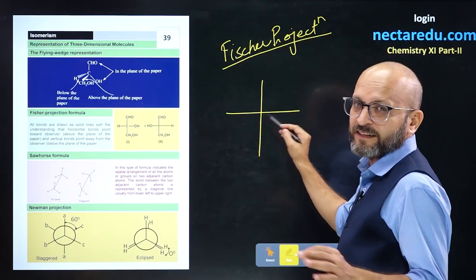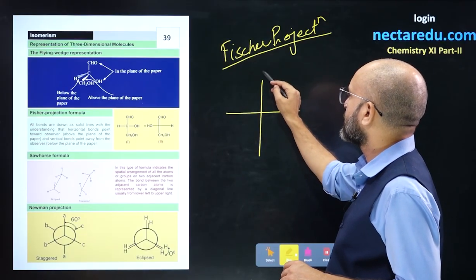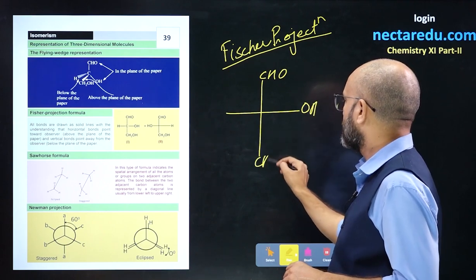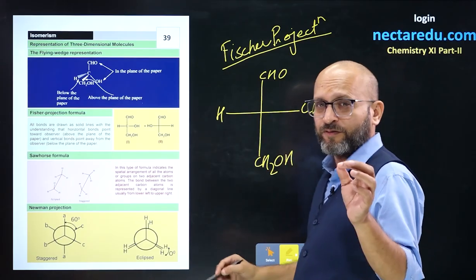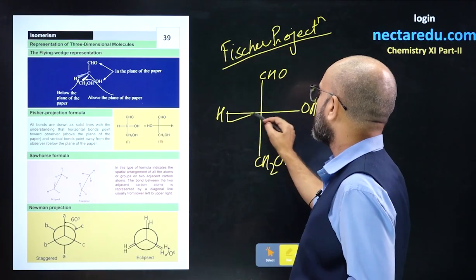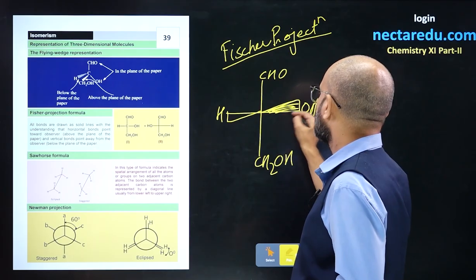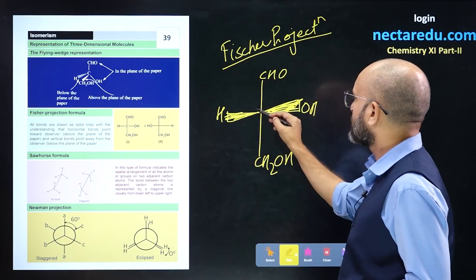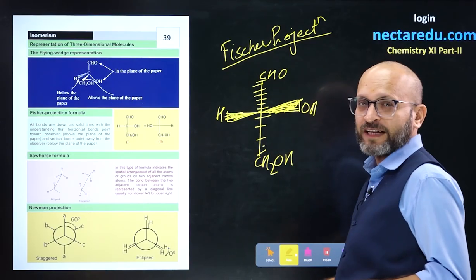We have to imagine it is a central carbon, and the groups are attached something like this: CHO, OH, CH2OH, and H. So you have to visualize that the horizontal bonds are towards you. These are solid bonds. And the vertical bonds are away from the observer. You have to visualize like this.